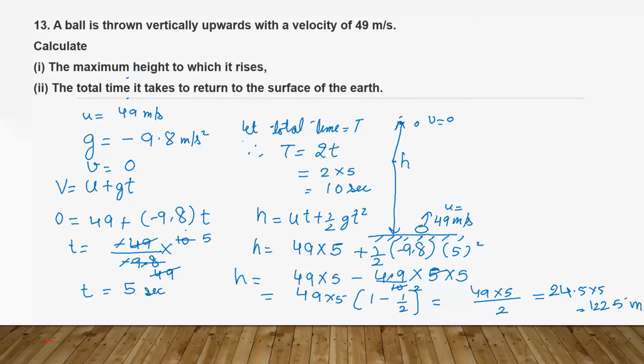So I hope you understood. It was to calculate the maximum height and then to find the total time. So height comes out to be 122.5 meter, and the maximum height is this, and the time taken is 5 seconds. So let's move to the another question.